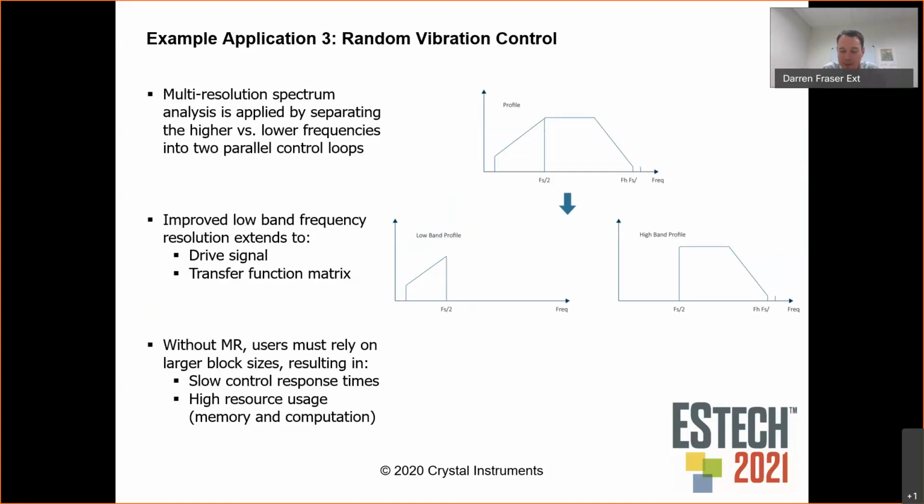And I'm going to call this distinction out a little bit further in a few slides from now. But I just want to let you know that when you're running a vibration control test, decreasing the amount of time it takes to compute the calculations required for the control loop is a very critical consideration for anybody running a vibe control test.